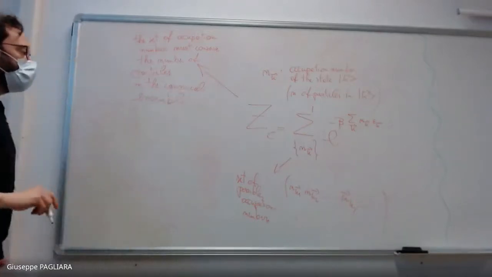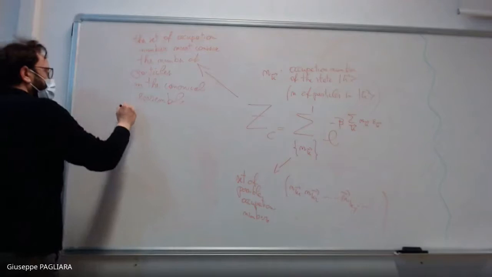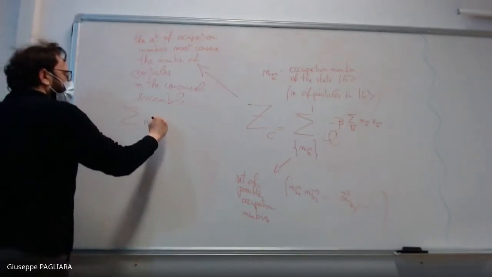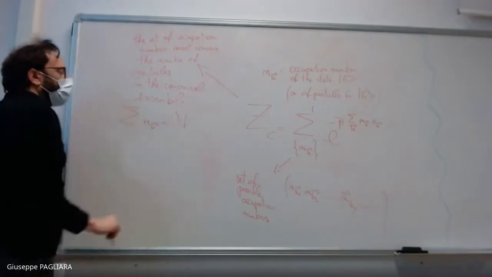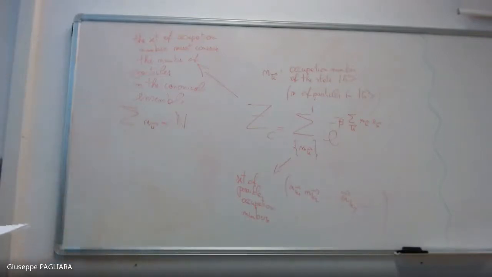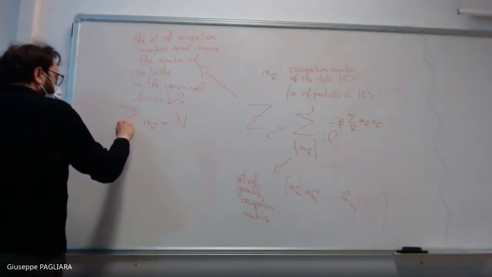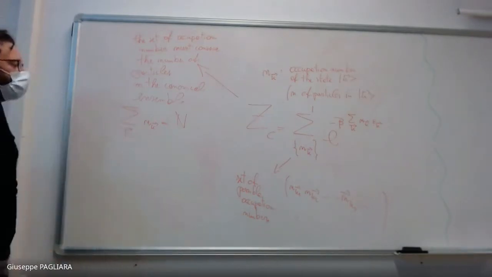Namely, I have to impose that the sum over k of n_k is equal to N, where N is the total number of particles.